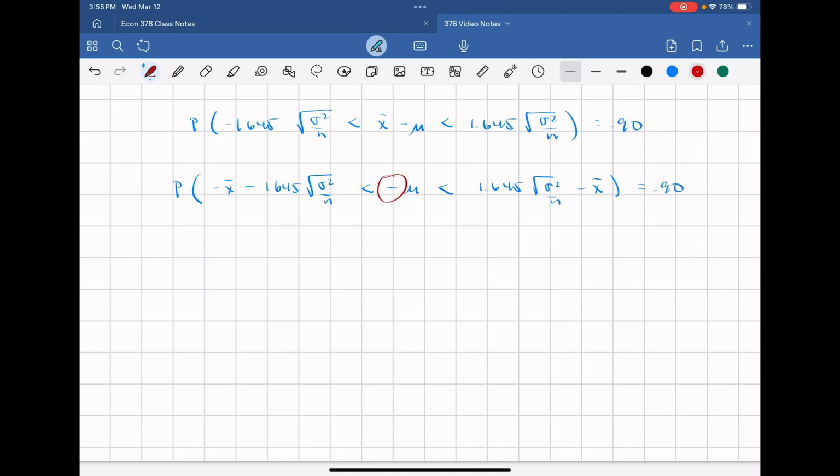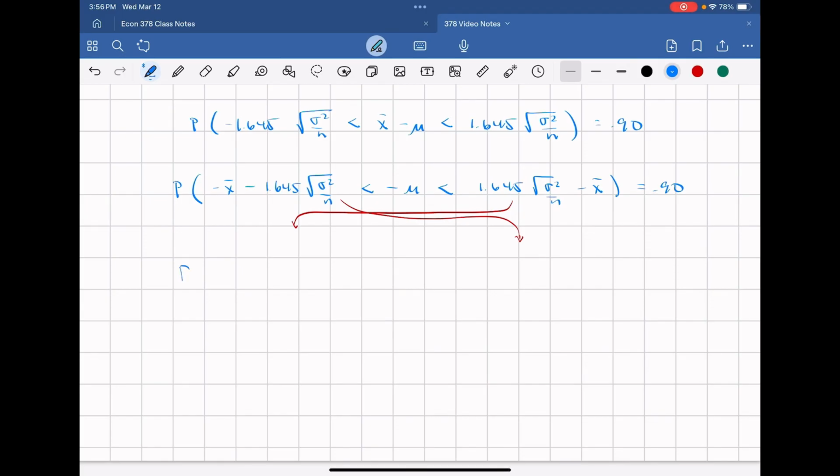Now we have a negative sign here, so we multiply each side by negative 1, which flips the signs. This term is going to come over here, because now it's going to be less than, and this term is going to come over here.